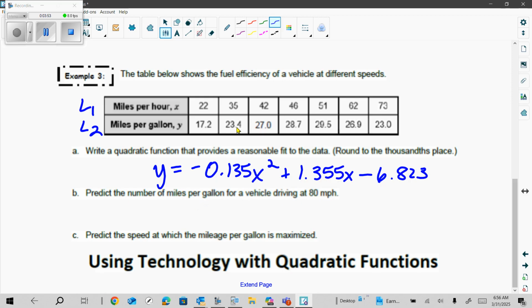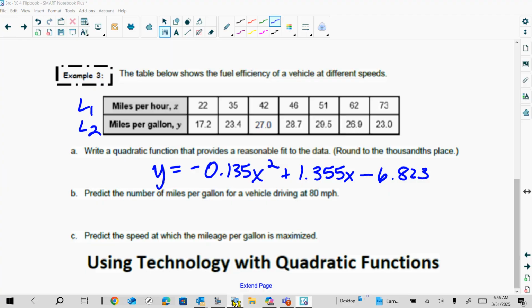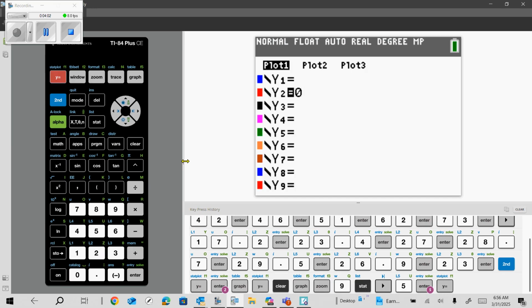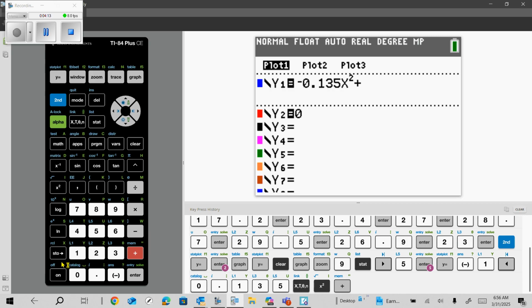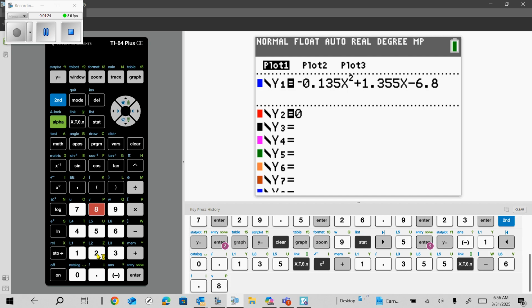Okay, now predict the number of miles per gallon for a vehicle driving 80 miles per hour. So that's our x. So we're going to put this equation in the calculator and then predict. So we go to y equals, we're typing in our equation, a negative 0.135x squared plus 1.355x, and then minus 6.823.